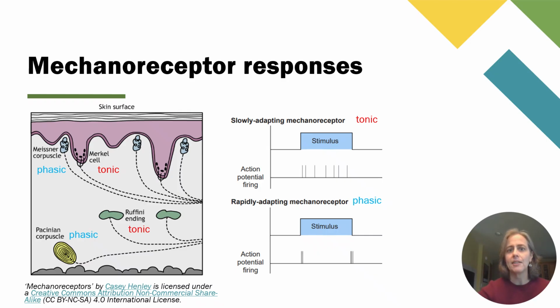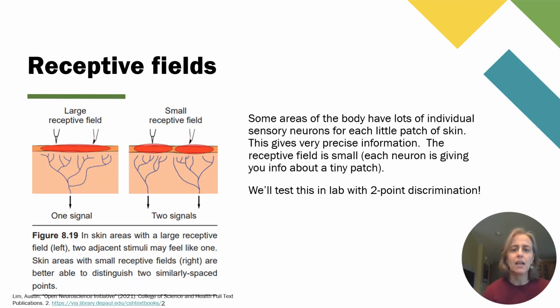Okay, I digress. The other important concept is this idea of receptive fields. Every sensory nerve ending has its own catchment area that it is receiving information from. So in this example here, we see on the left what we would call a large receptive field.